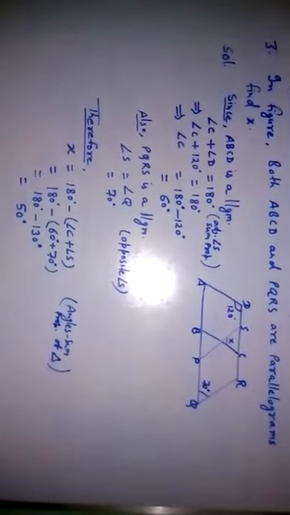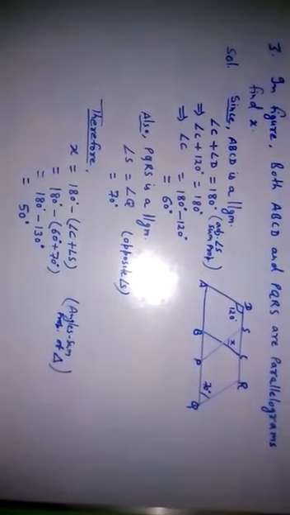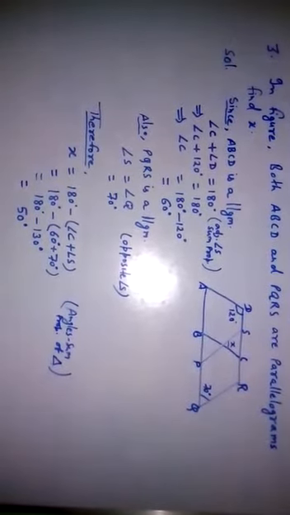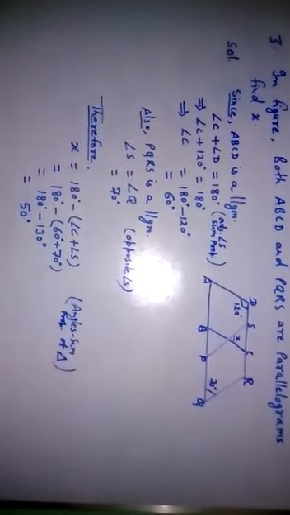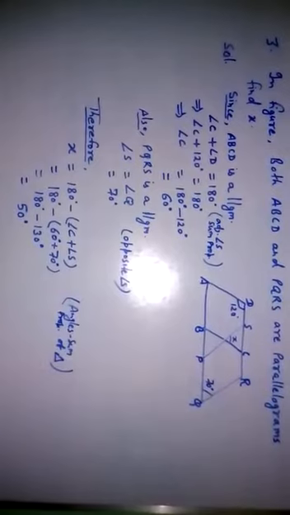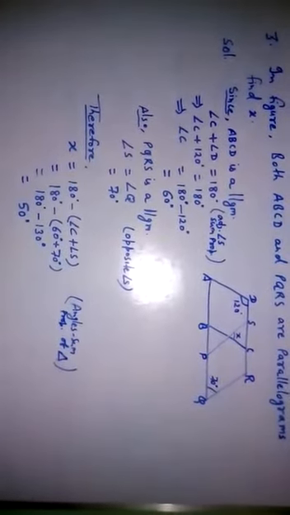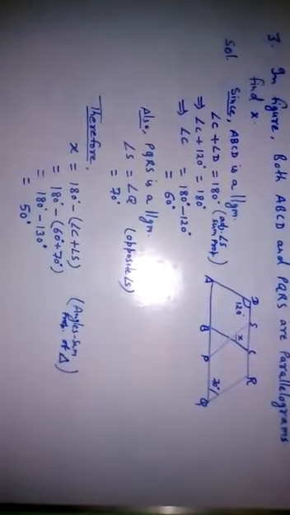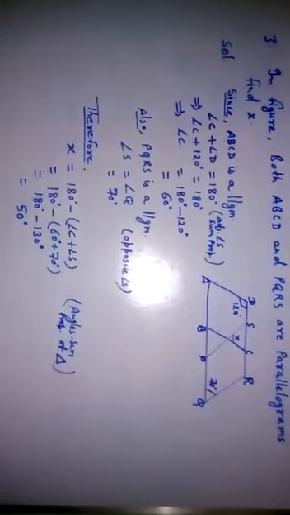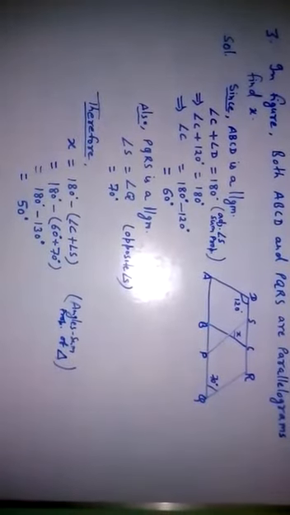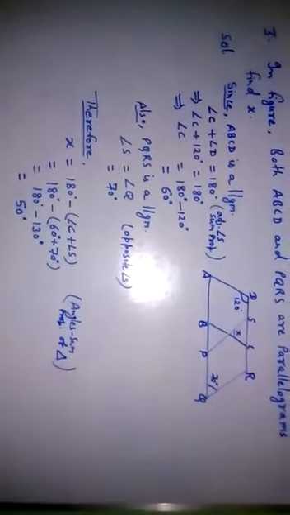Since ABCD is a parallelogram, then angle C plus angle D equals to 180, because as we know that in parallelograms adjacent angle sum is 180 degree. So here the adjacent angles are angle C and angle D. So angle C plus angle D equal to 180.